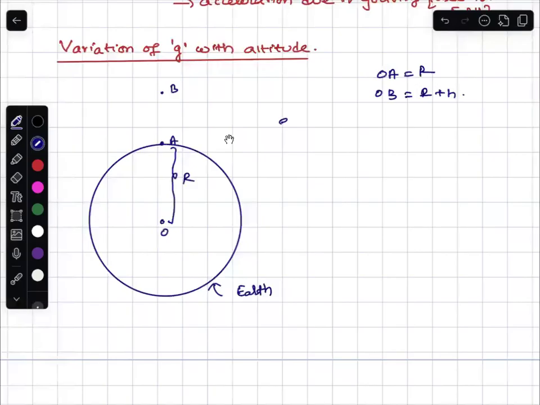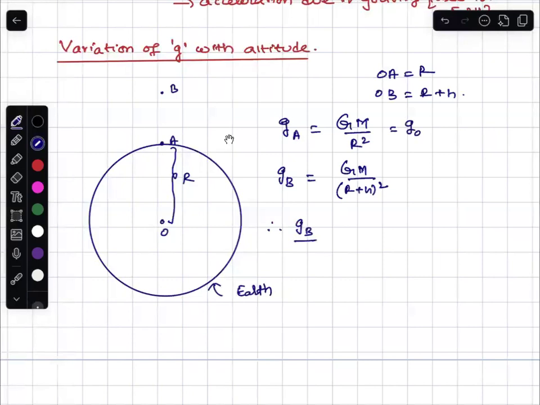Now g at A is defined clearly as GM by R square. g at B is GM by (R plus H) whole square. Okay. So therefore, g at A we will normally represent as g naught.